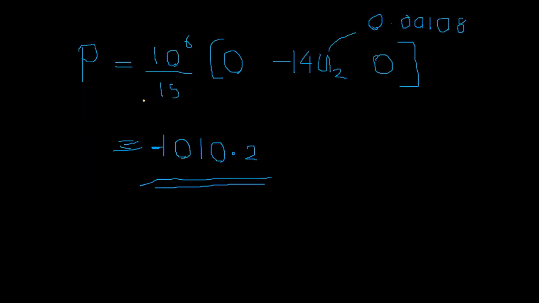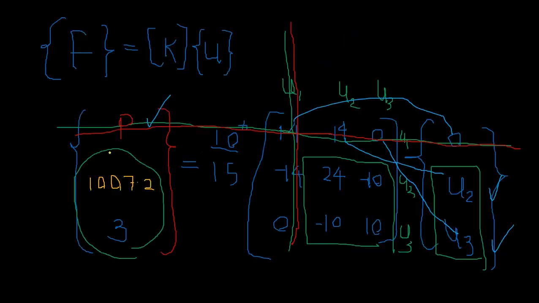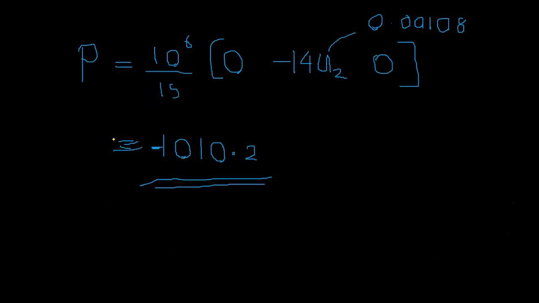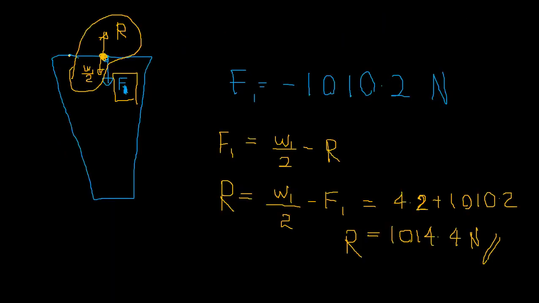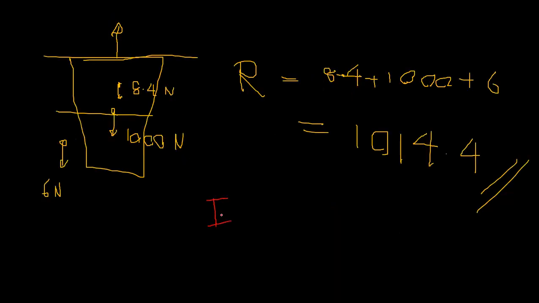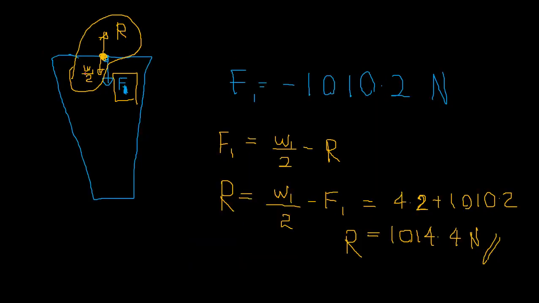So in this force P, it's not the reaction, it's the total force at node 1, right? There's actually the reaction as well as some external load. But if W1 over 2 is 0, that means you don't have any external loads on that node 1.